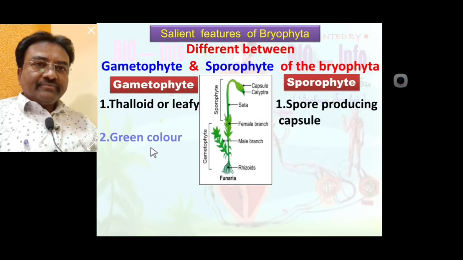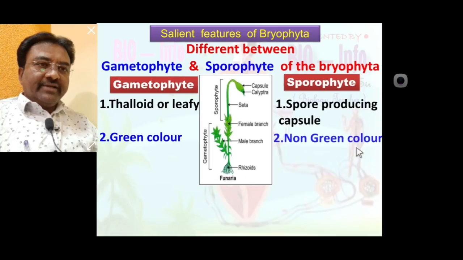Second point, gametophyte is green in color, sporophyte is non-green in color. The capsule part is generally non-green in color. Here the thalloid leafy structure is green in color.